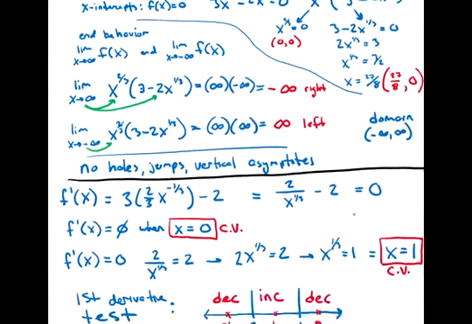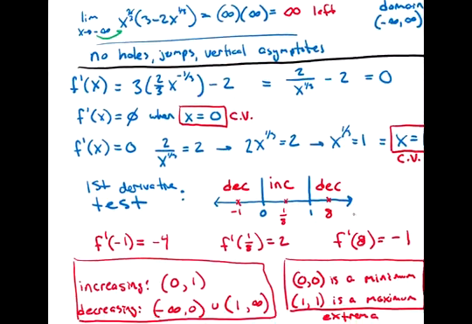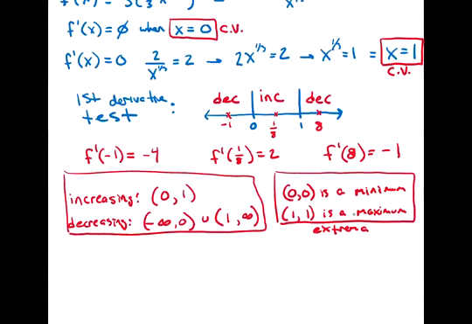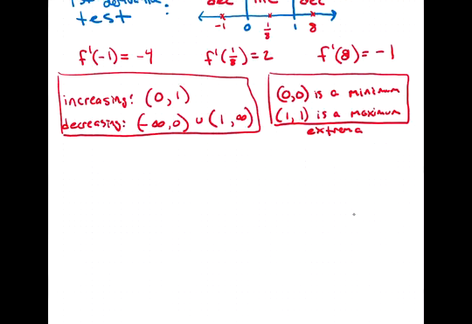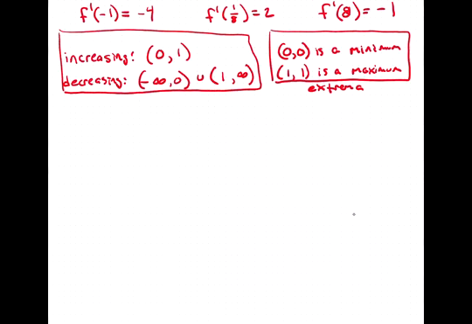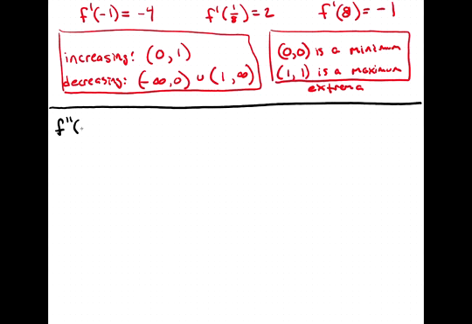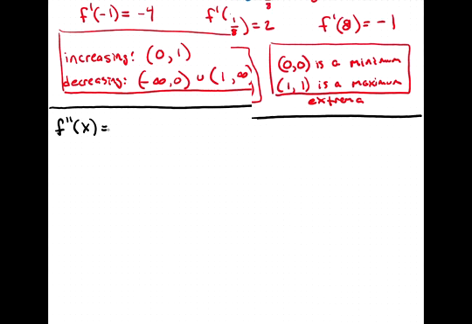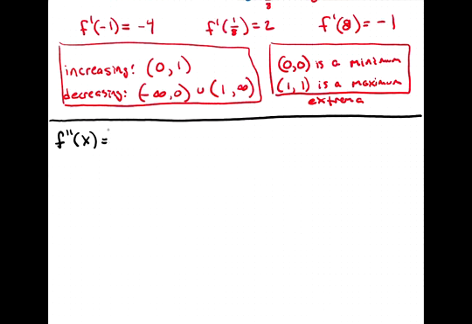Then we work with the first derivative. We got our extrema and the associated points, and we have the intervals of increasing and decreasing. So now let's move on to our second derivative. The derivative of the derivative.